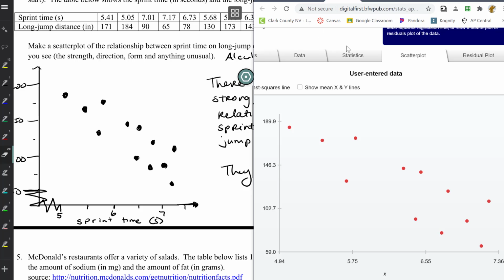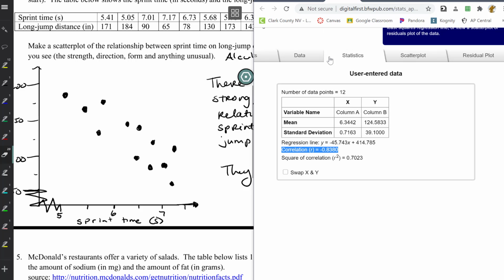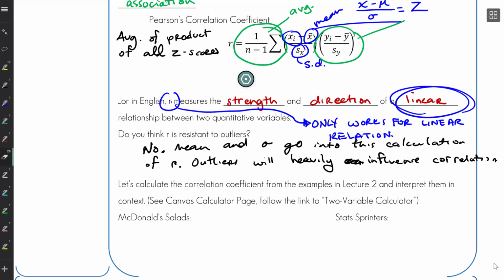Okay? But let's go back to this number and try to remember it. Our correlation coefficient is negative 0.8380. And we want to make sure as soon as we see that we have a linear relationship, then this is a valid calculation and we can utilize it. So let's try and go back and try to interpret this number in just a little bit.